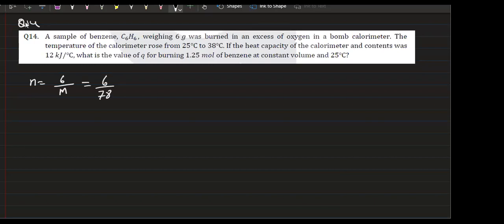Yes. Was burned in excess oxygen in a bomb calorimeter. The temperature of the calorimeter rose from 25 degrees centigrade to 38 degrees centigrade. So T1 is given, 25 degrees centigrade, which is equal to 298 Kelvin.